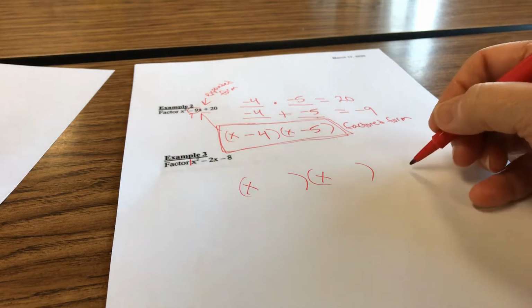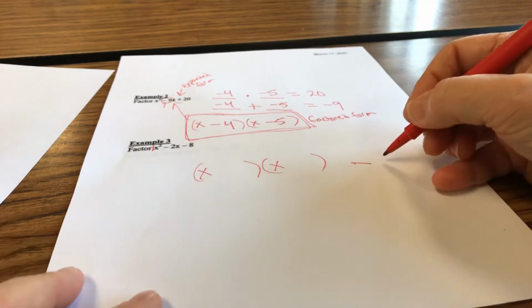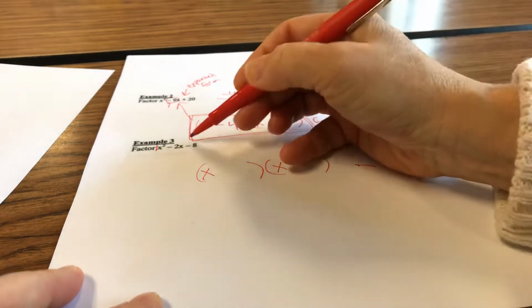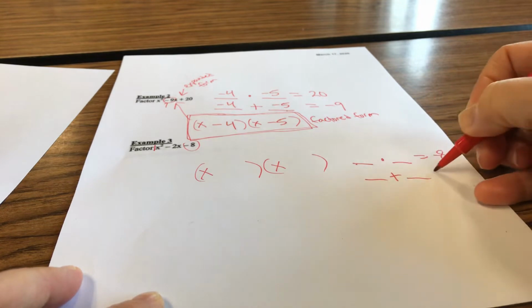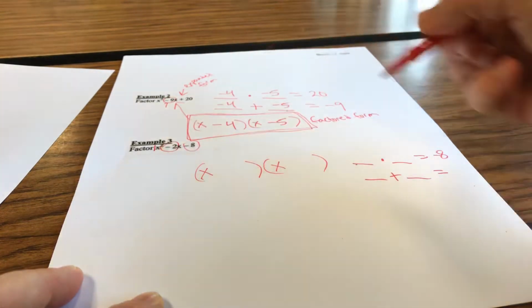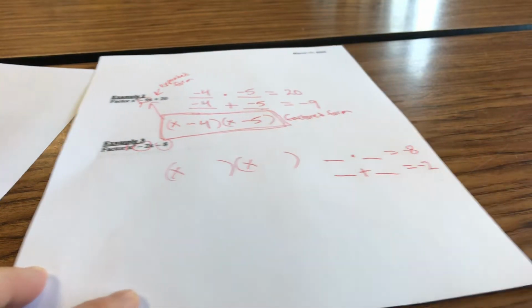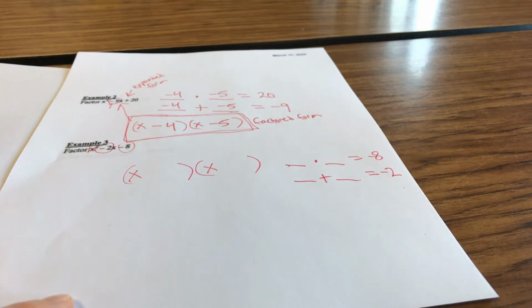Okay. My two numbers have to multiply together to equal negative 8 and add together to equal negative 2. See what's there with the negative signs? So thinking about two numbers, when you multiply them, you get a negative 8, and when you add them, you get negative 2.